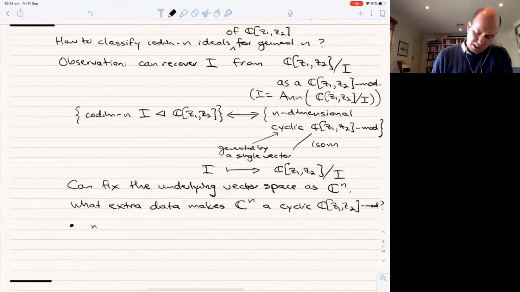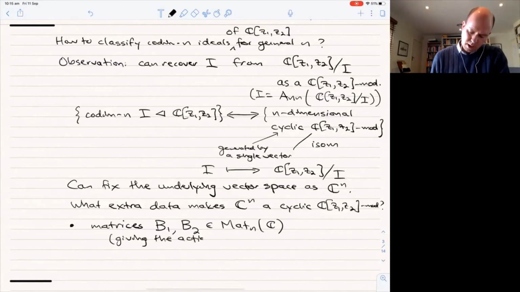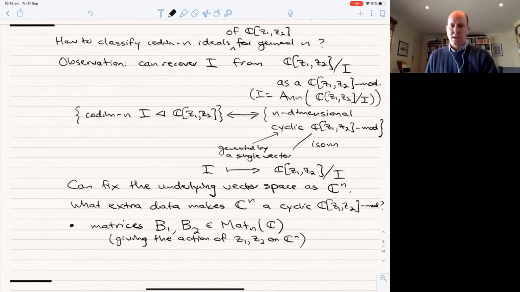So you need matrices B1 and B2, Nakajima calls them, and these are going to give the action of Z1 and Z2 on Cn. And since you want this to be a module for the ring of commuting polynomials in Z1 and Z2, you need these matrices to commute with each other.